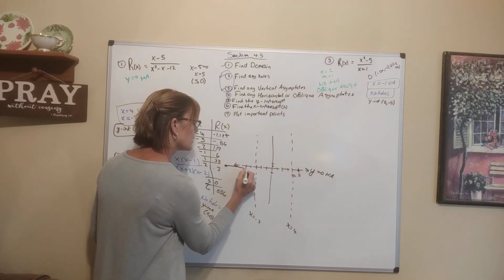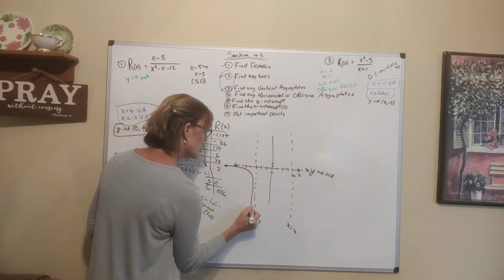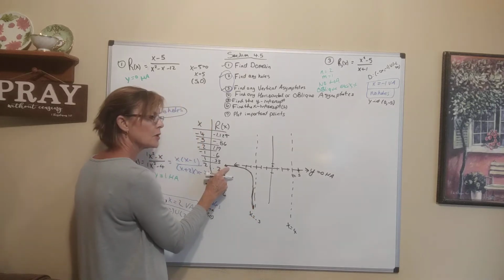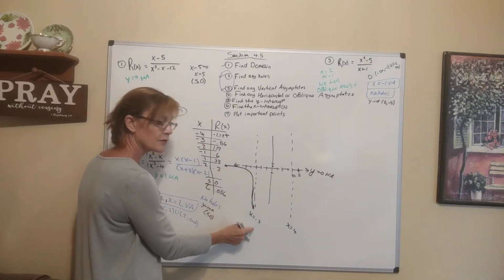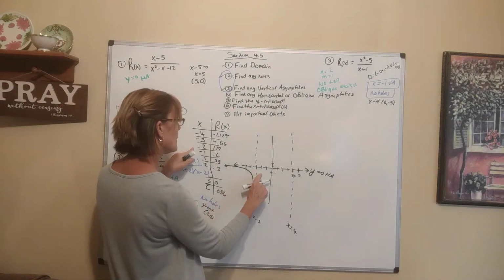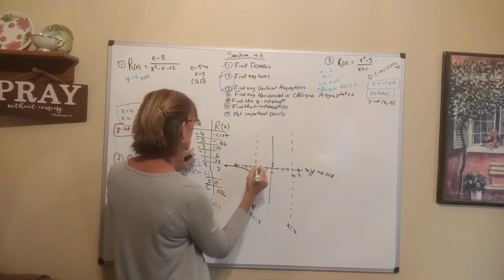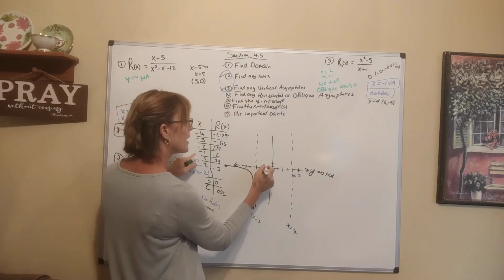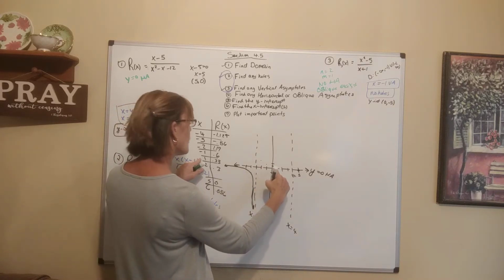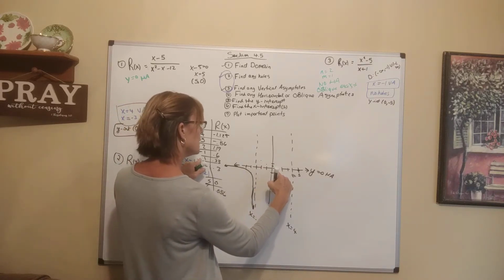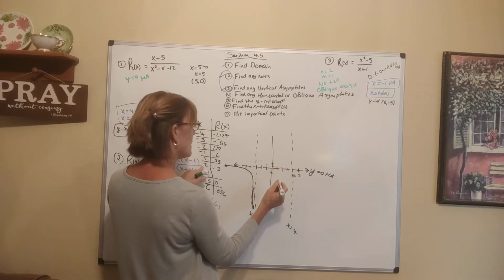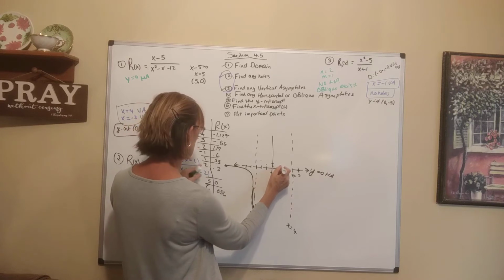It will hug the horizontal asymptote, y equals 0, and it will hug this vertical asymptote, x is negative 3. In the middle, at negative 2, I'm up here at 1.17, maybe there. At negative 1, I'm down at 0.6, maybe there. At 1, I'm at 0.3, maybe here. And at 2, I'm at 0.3, maybe here.